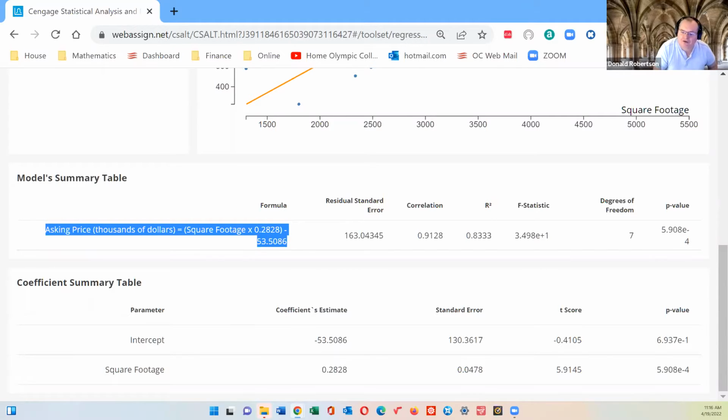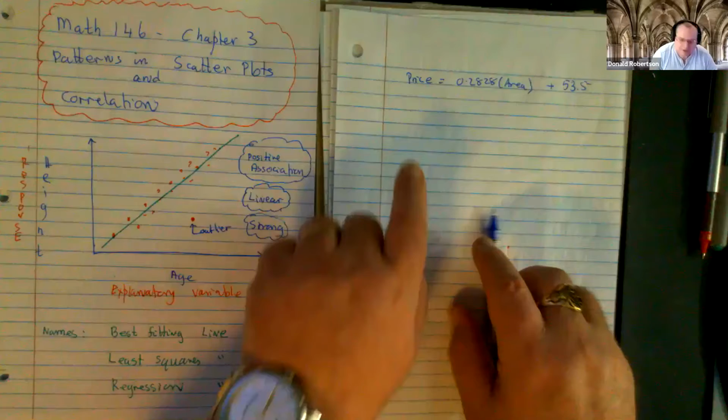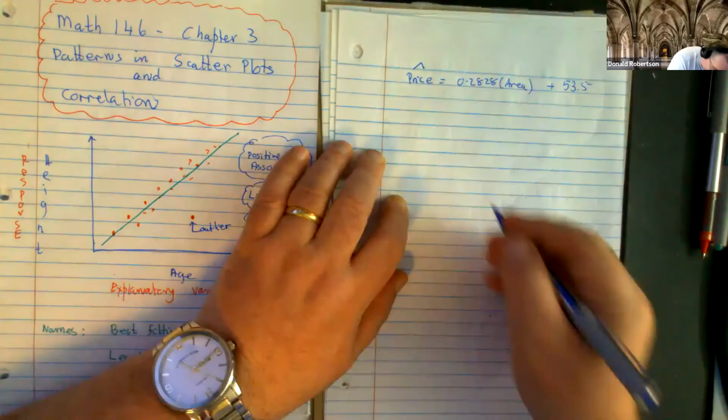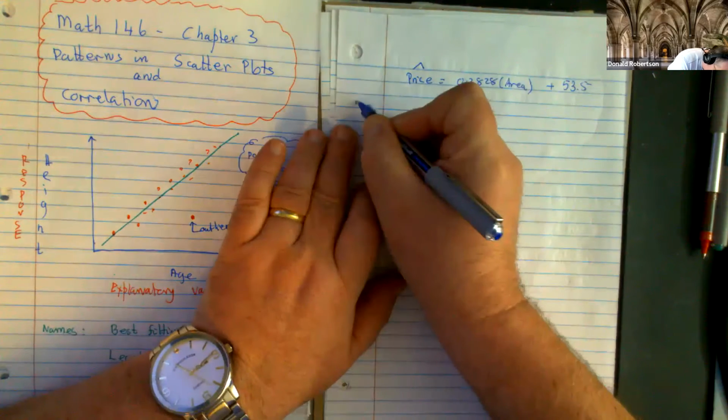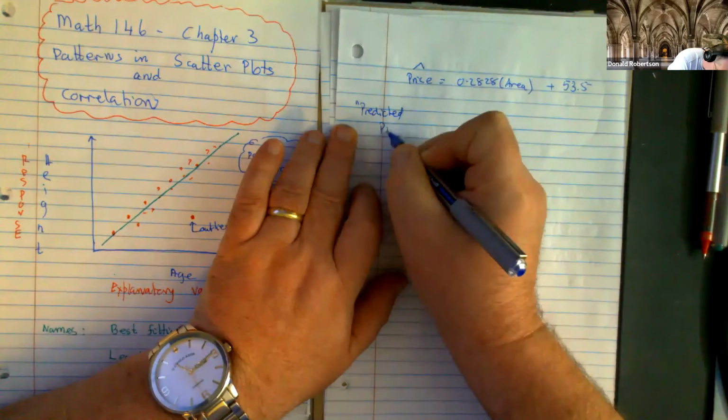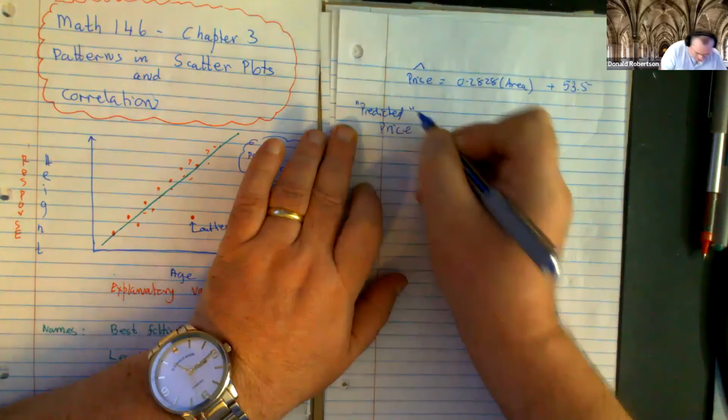So let me return now back, and we'll look at how that formula for the straight line works. Right. So here it is. You very often put a little funny thing that looks like that on top of it. So you read that out as predicted price. And that's kind of a qualification.